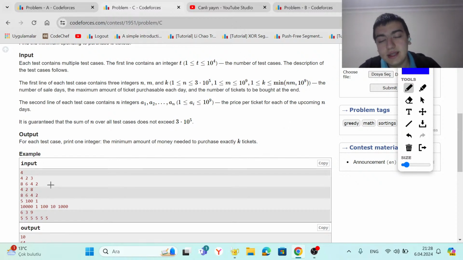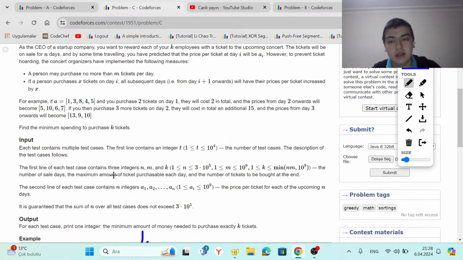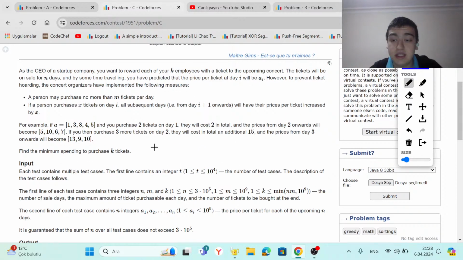So if nothing is affected by the chosen days, the problem changes to this: choose some tickets on some days such that the total number of tickets chosen equals k, and on each day you can choose at most m tickets. The problem is converted to this problem.